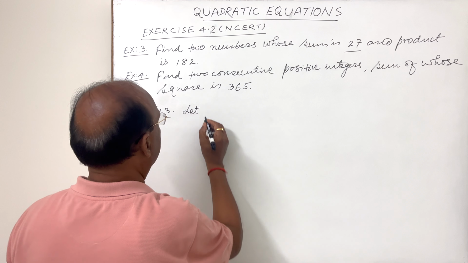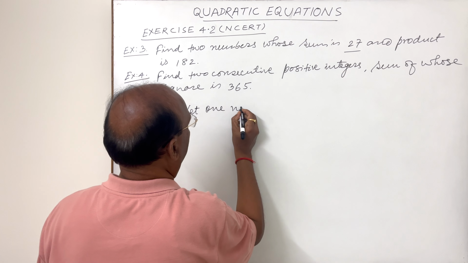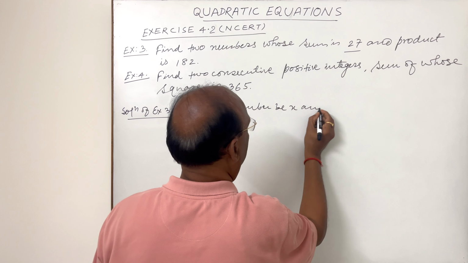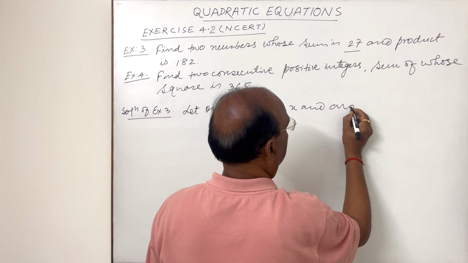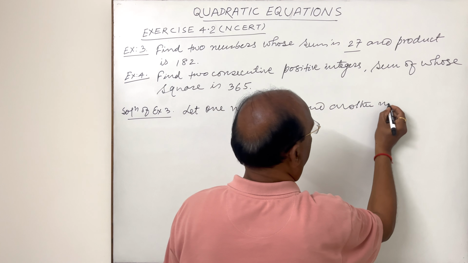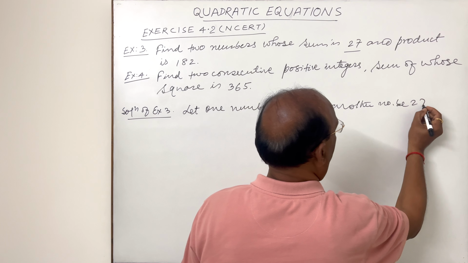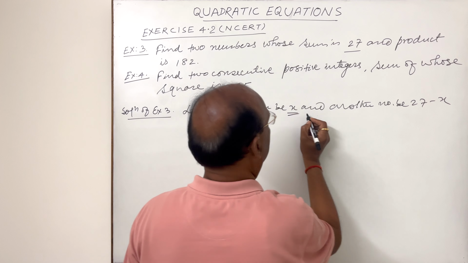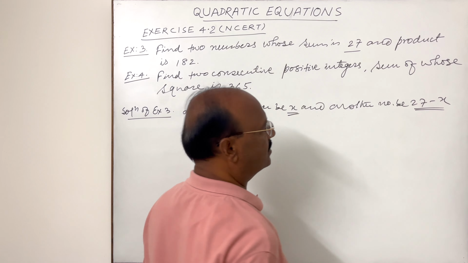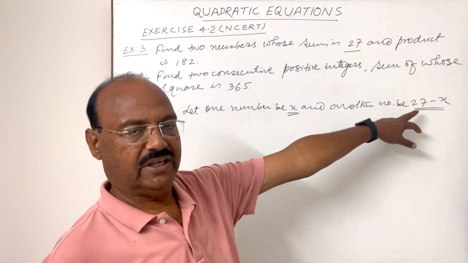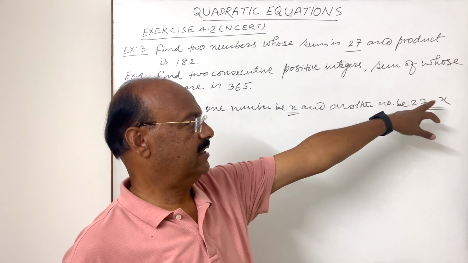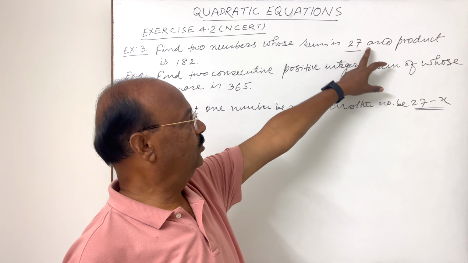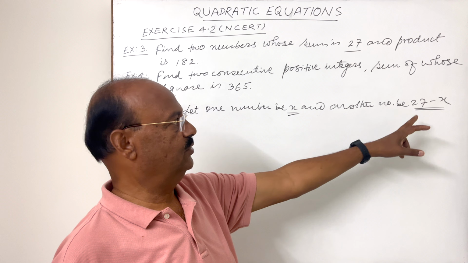Okay, let one number be x and another number be 27 minus x. So the sum of x and 27 minus x gives us 27. Plus x and minus x will be cancelled out while addition. So we are getting 27, the sum of these two numbers.